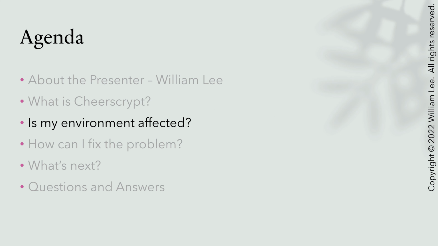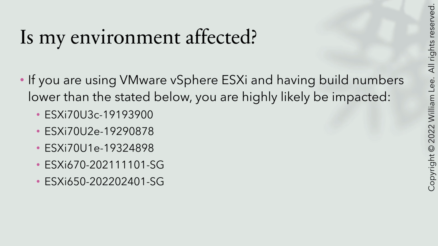Is my environment affected? If you are using VMware vSphere ESXi and have build numbers lower than those stated below, you are highly likely to be impacted. ESXi version 7.0 Update 3C with build numbers below 19193900. ESXi version 7.0 Update 2E with build numbers below 19290878.